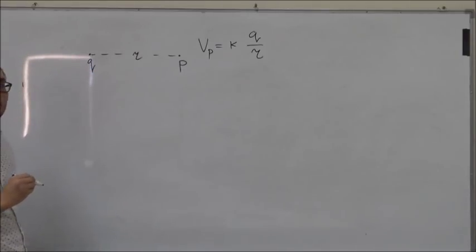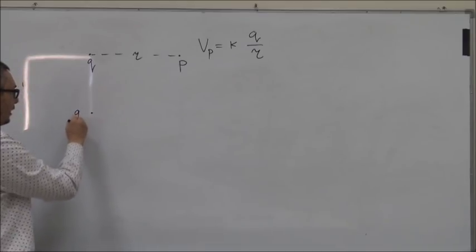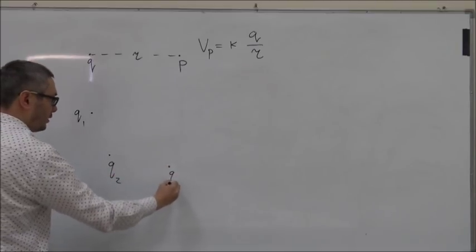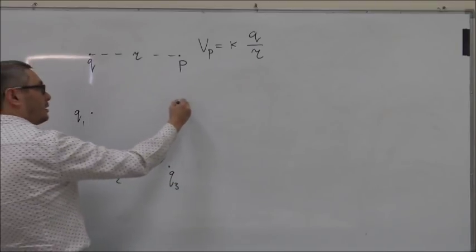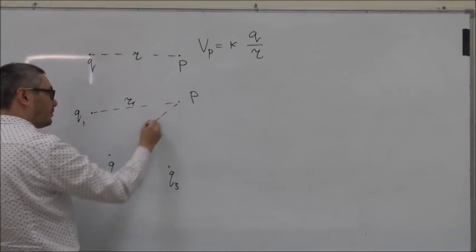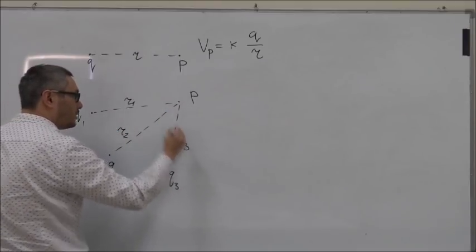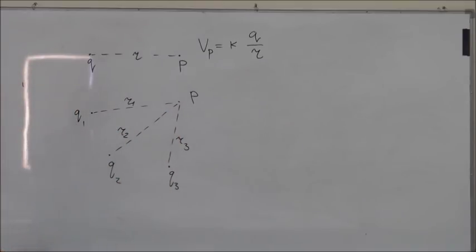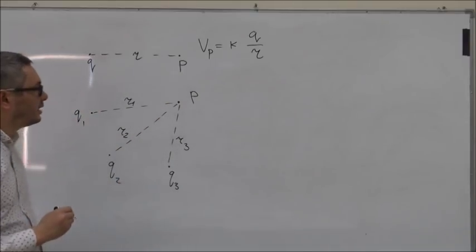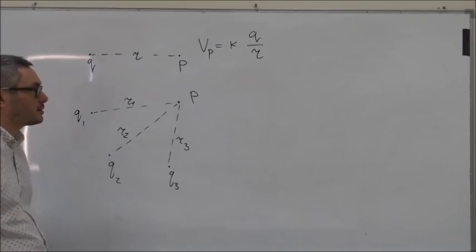We also learned that if you have a collection of charges like Q1, Q2, Q3, which are located at distances R1, R2, and R3 from this point P, then the electric potential at point P would be simply an algebraic sum of all the electric potentials created at this point P due to all of these charges.